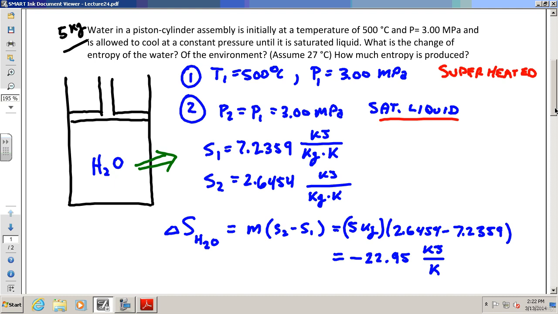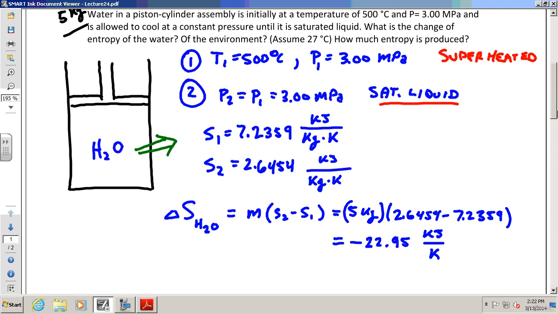But that's not what's happening here. This is just the inside. The inside said that the entropy went down 22.95 kilojoules per K. What does that mean? That's hard to really understand in context. I'll try to give you some better context than the other problems, but in this one, you don't really know what that means.